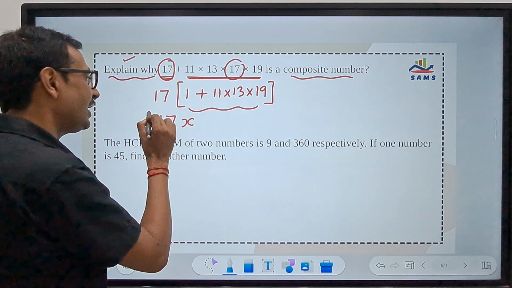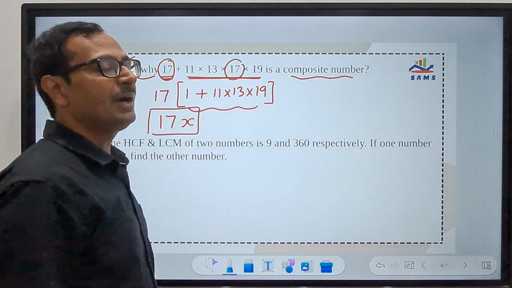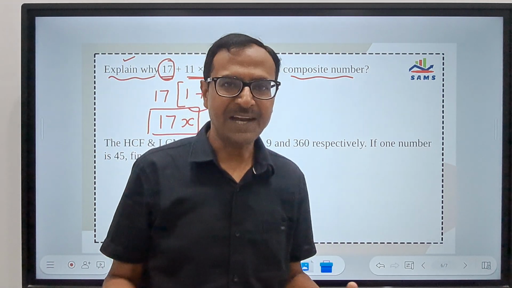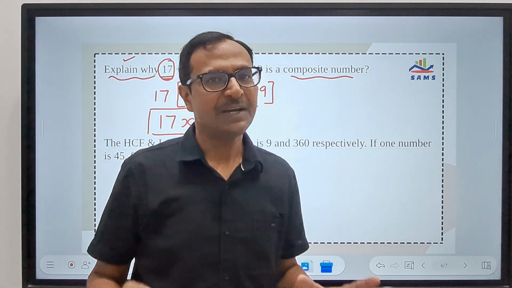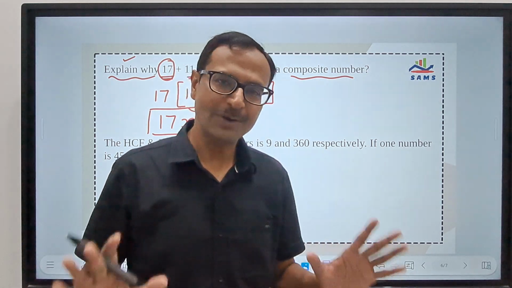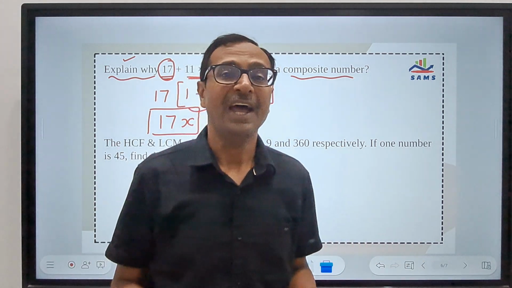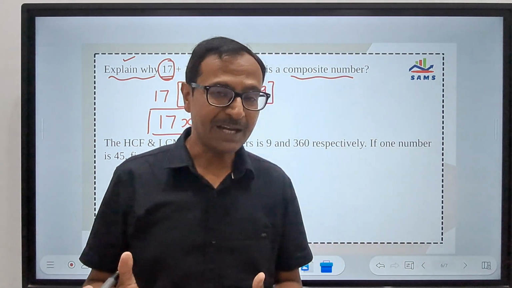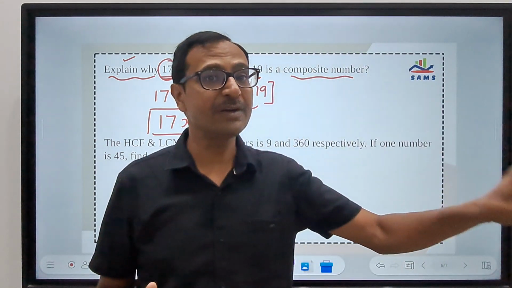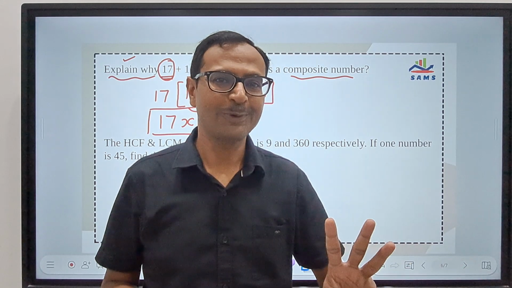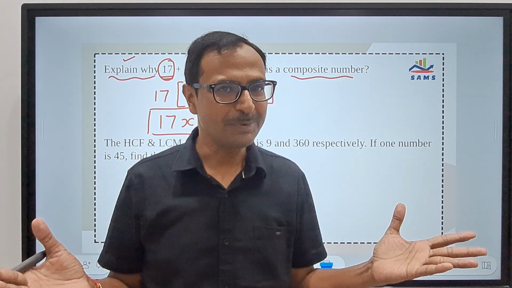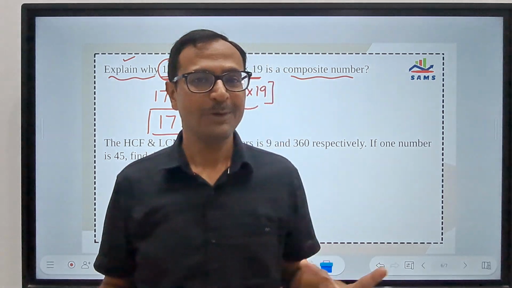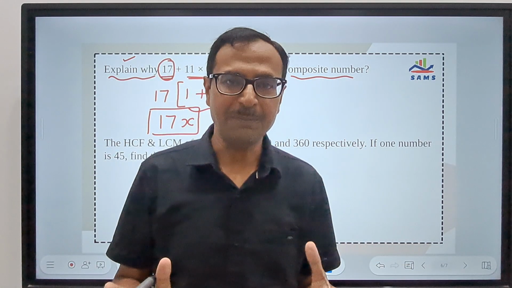Now when I have represented a number as 17 times something, it means that the number is divisible by 17. It is already divisible by 17 and when a number is divisible by 17, that means 17 is the third factor and therefore it is a composite number because once you have a third factor, that means the number cannot be prime.